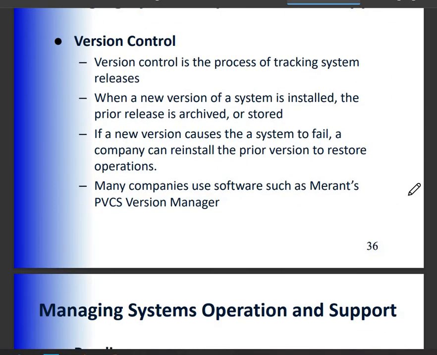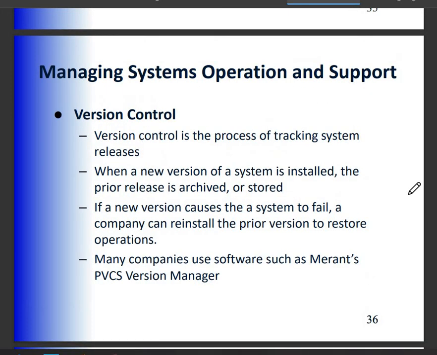Okay. Dan finally kita ada version control. So version control is the process of kita nak track the system releases. When a new version of a system is installed, the prior release is archived ataupun kita akan simpan.